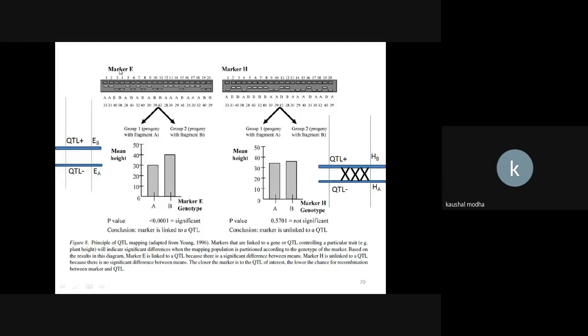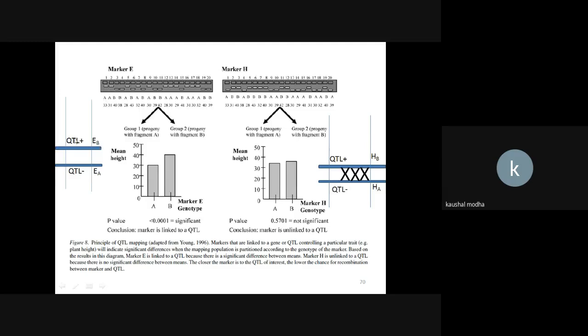So let us talk about this marker E, and you have genotyped 20 RILs with this marker. A and B are the alleles of this marker. So what will the software do? We have incorporated all this data, presence of particular allele, presence of another allele, into the software. Considering marker E and the trait, the software will classify each RIL according to class A and class B, according to the alleles of the marker present.